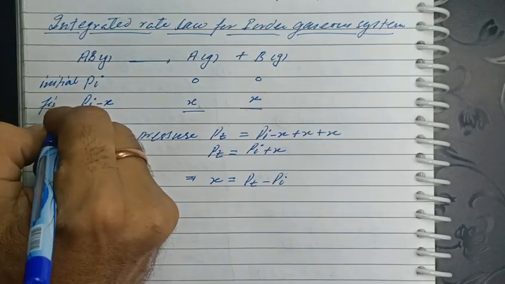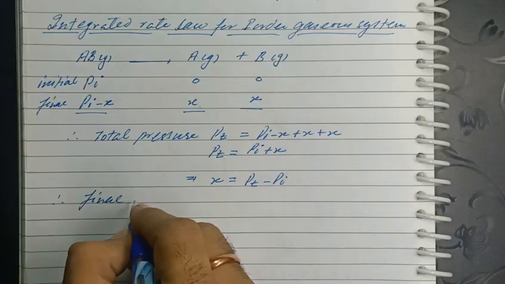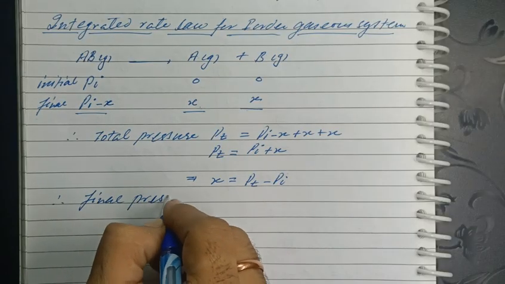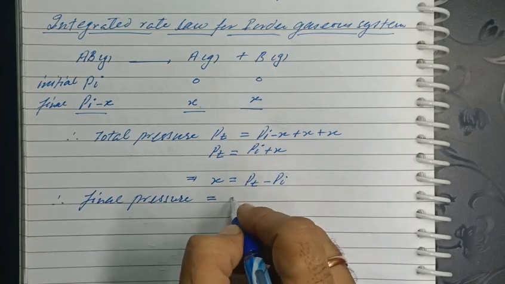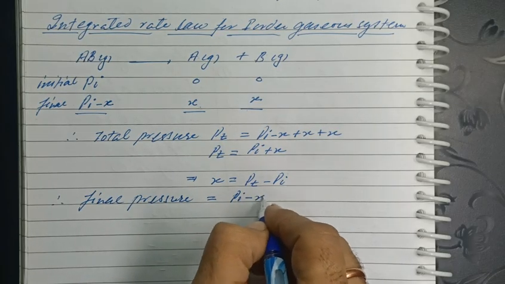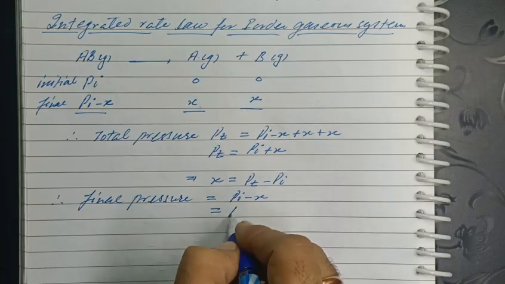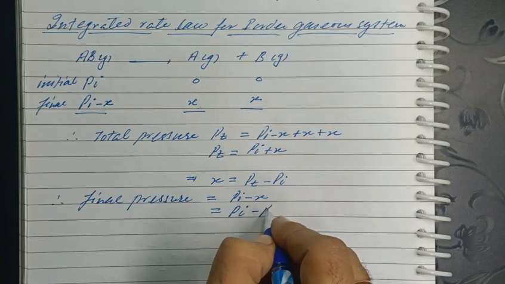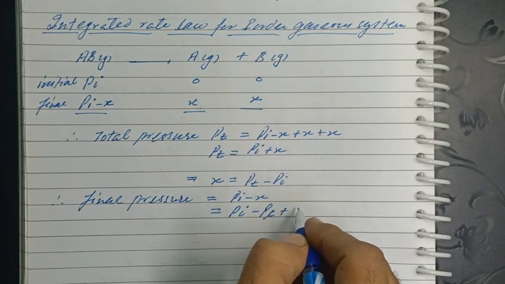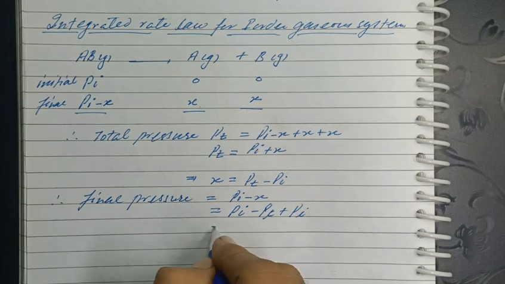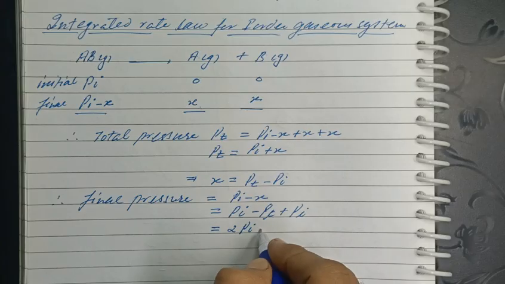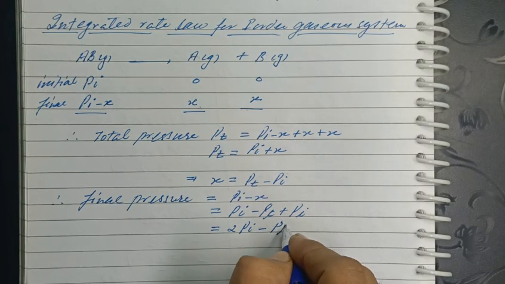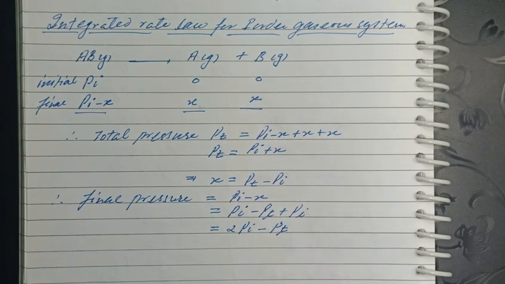and this is final. Final pressure will be, we know that final pressure is Pi minus x. Putting the value of x, we get Pi minus P total plus Pi. It becomes 2Pi minus P total.